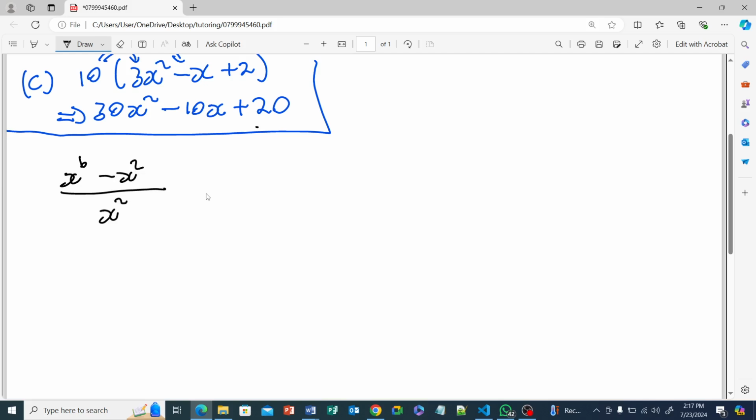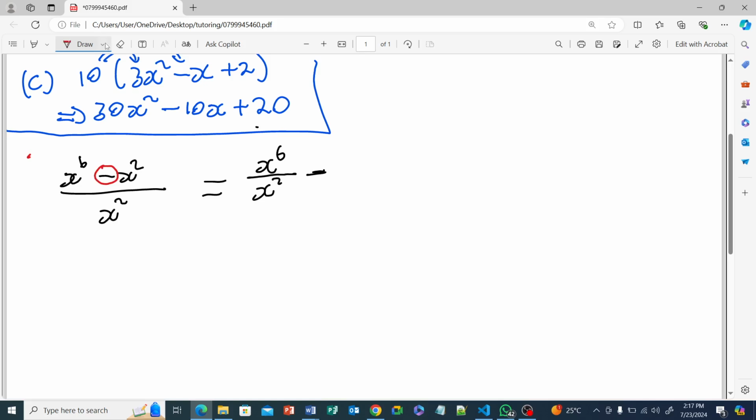What did I say? The first step is to separate the fraction. So you write x to the exponent of 6 divided by x squared minus, and this negative that I'm writing here, we take it from the fraction itself, so it is the same negative there.